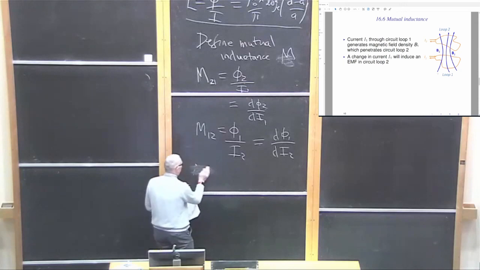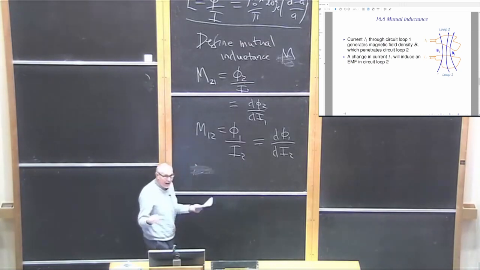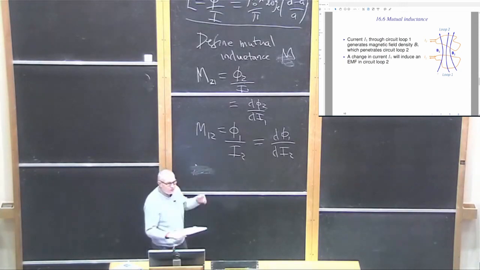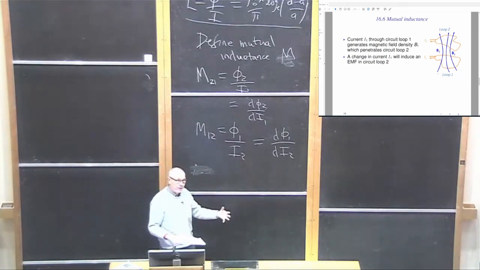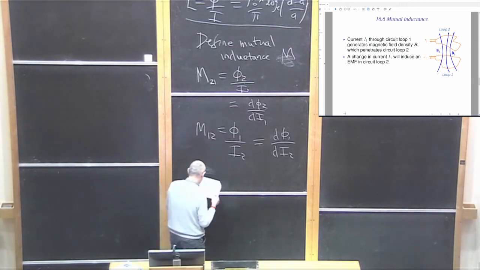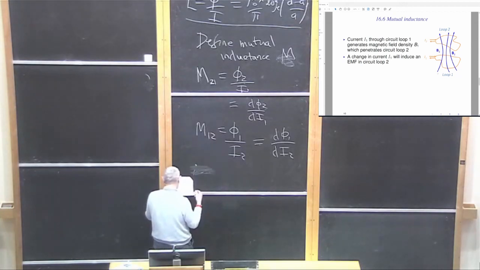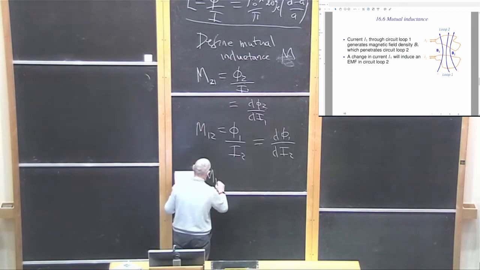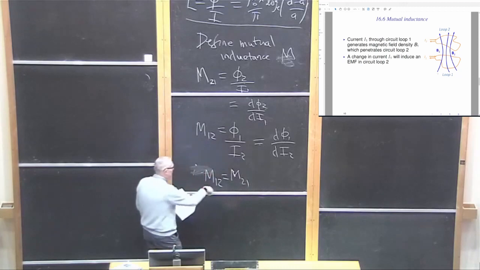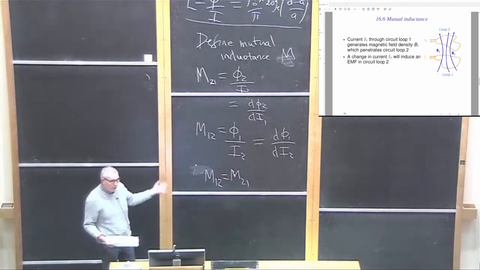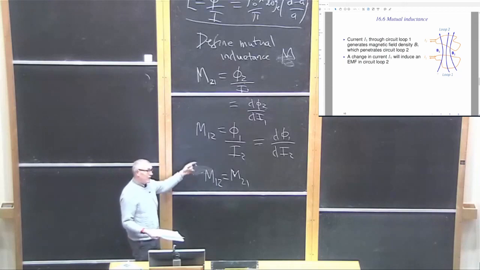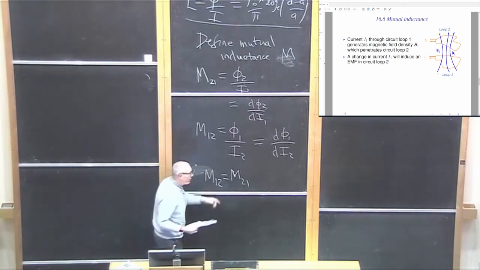I won't derive this, but I'll demonstrate for an example that M12 is equal to M21. So if you have a mutual inductance 1 due to 2, that equals the mutual inductance of 2 due to 1.